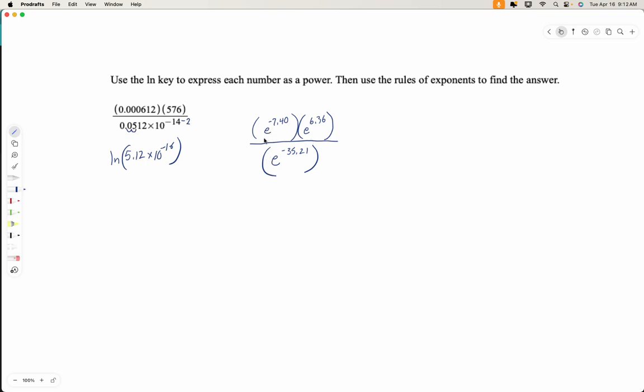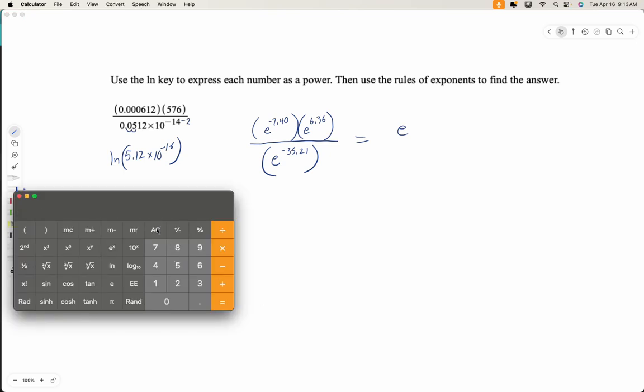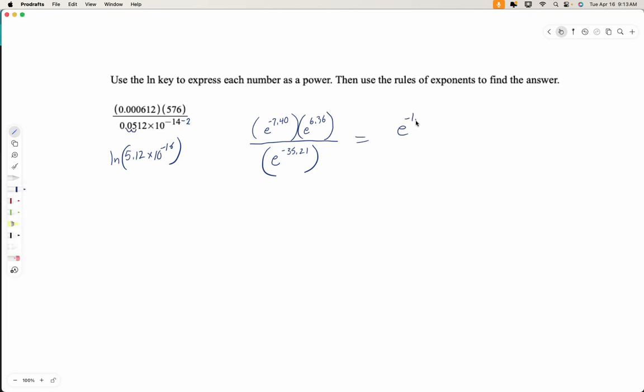So when we multiply with the same base, we add the exponents, right? So that's going to equal E to the negative 7.4 plus 6.36, which is negative 1.04. So negative 1.04 over E to the negative 35.21.